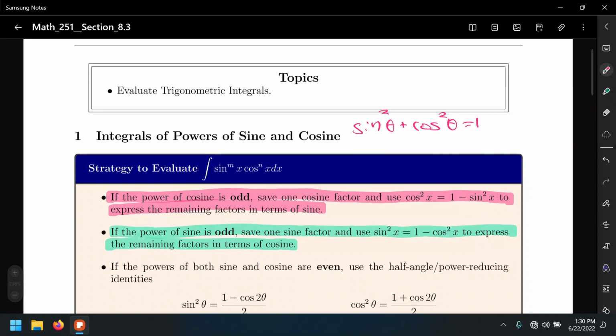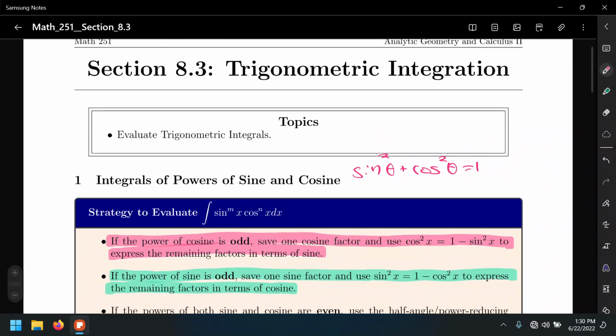But keep in mind that these identities are true, for example, for sine squared of 5x plus cosine squared of 5x equals 1. As long as these two angles are the same, they apply. We can use even something crazier, like sine squared of e to the square root of x plus cosine squared of e to the square root of x equals 1.